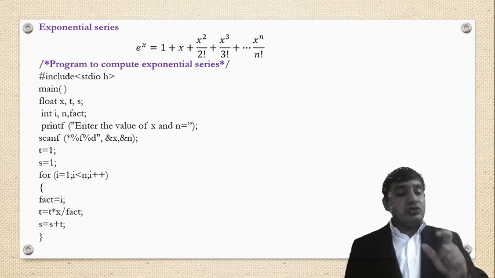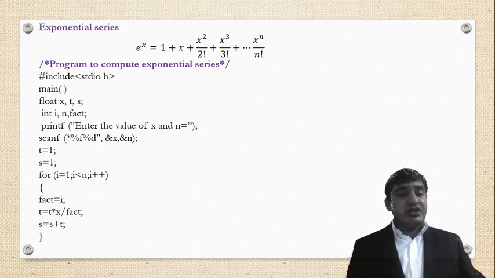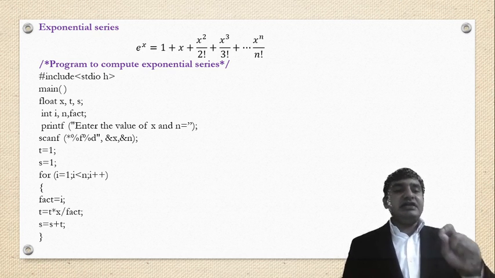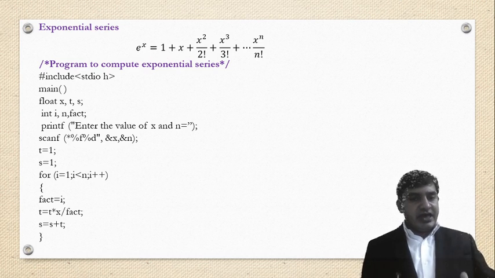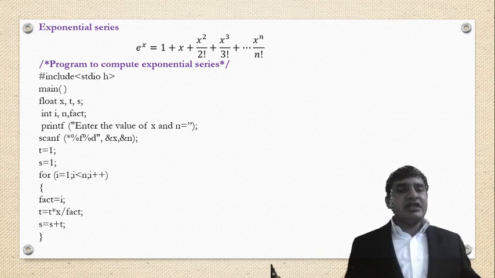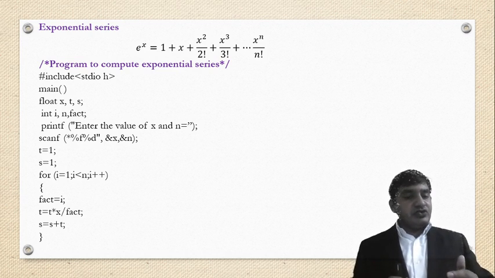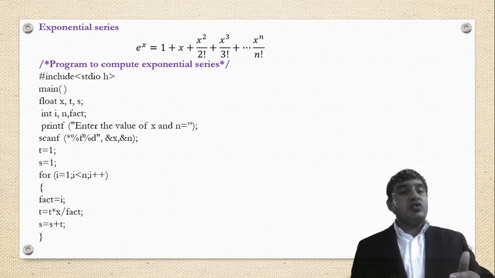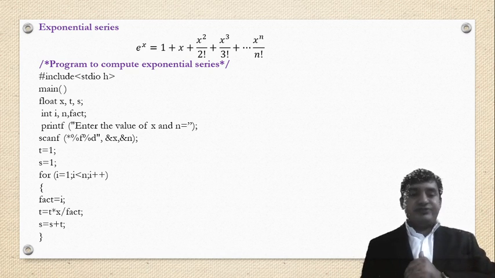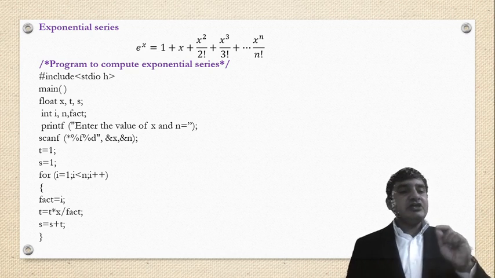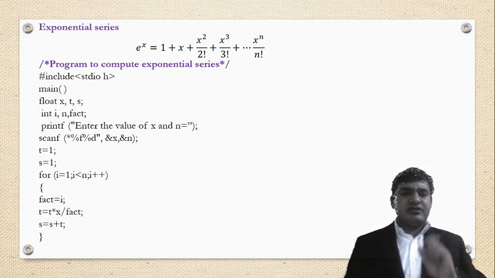So this loop is executed as long as i is less than n. When i is greater than n, the execution goes out of this loop. So this is a for loop.